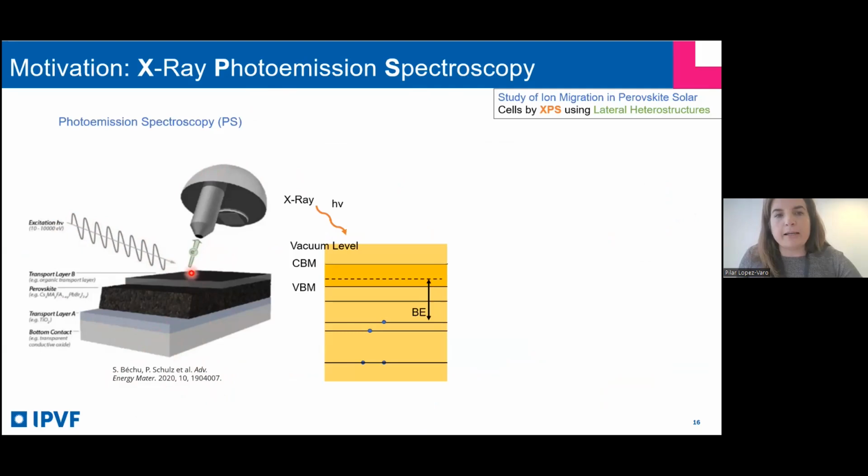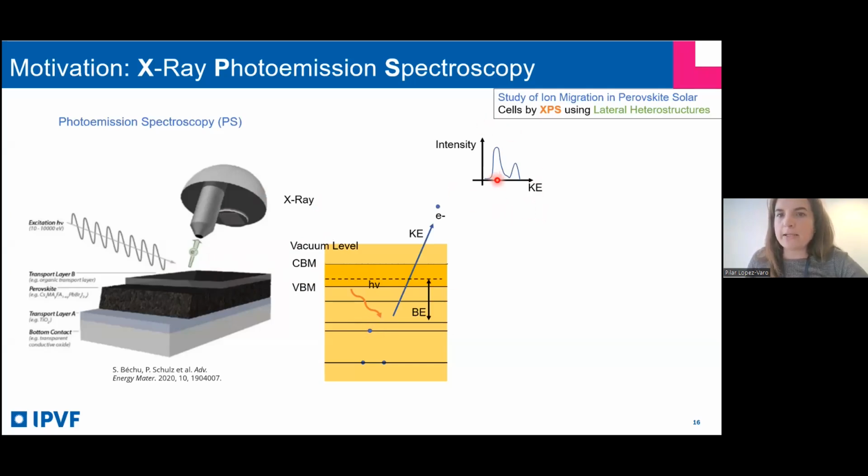Then we excite some electrons that will be analyzed. In fact, we are going to get information from around 10 nanometers, so completely the surface. As I said, we illuminate, we excite some electrons, and these electrons go into the analyzer.